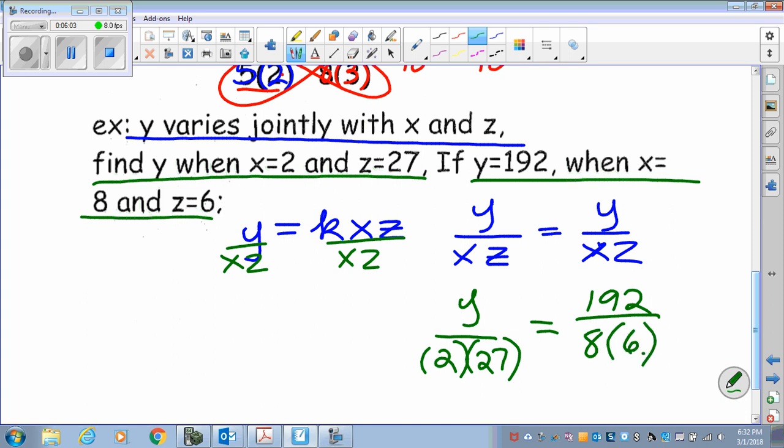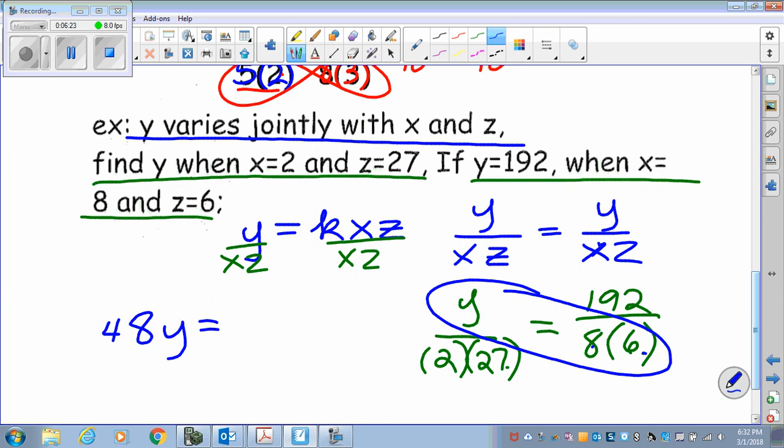So x and z on the bottom, y on the top. Again, like the direct, y on the top, y over x. All right, so then I'm going to cross multiply, so I'll get 8 times 6 is 48 times y, so that would be 48y.